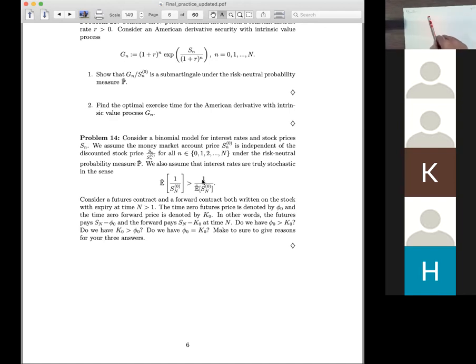So let me try to write down some of the key steps here. The first one is that S_n over B_n is independent of the ratio between the stock and the bank. S_n is the stock. And then the other assumption is that there is a strict inequality in Jensen.